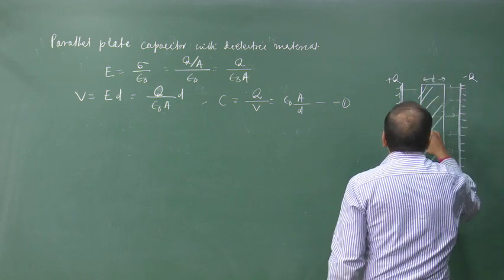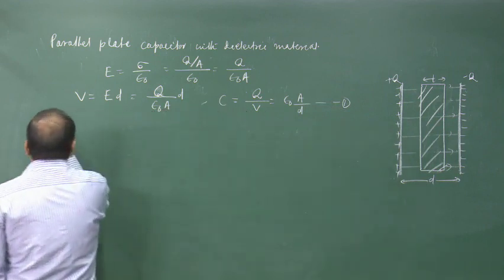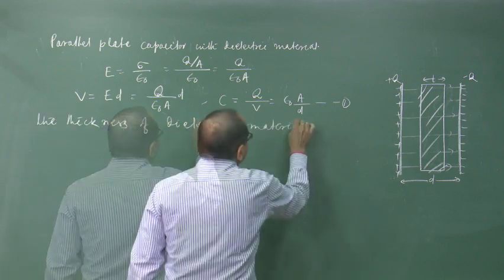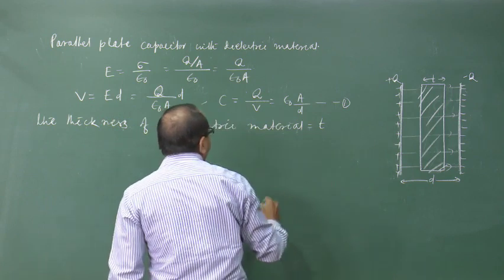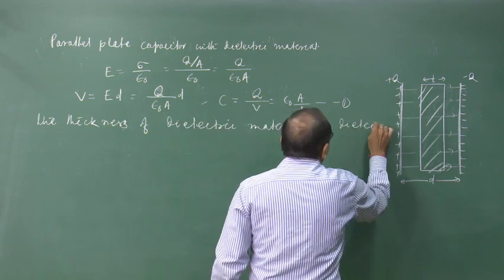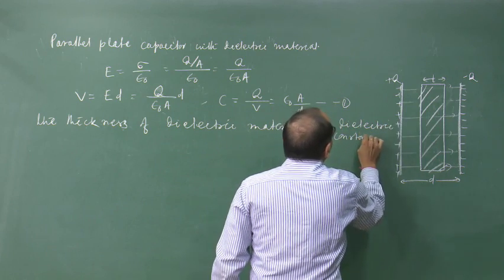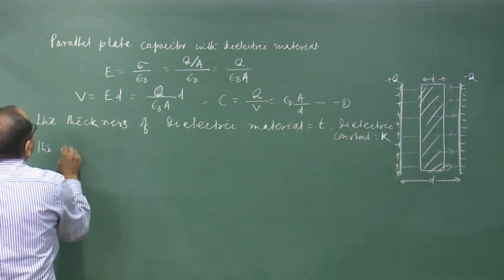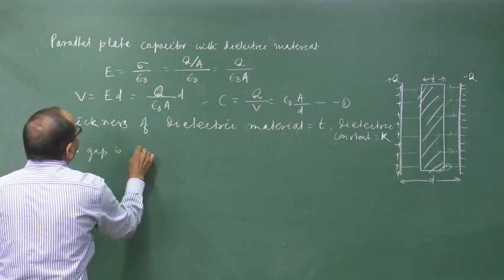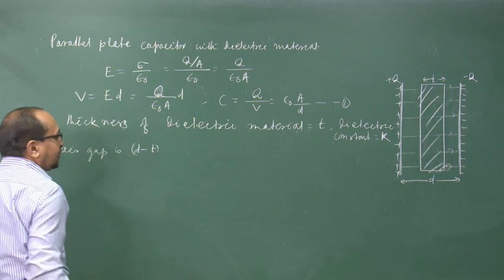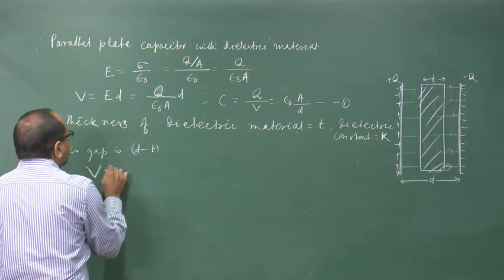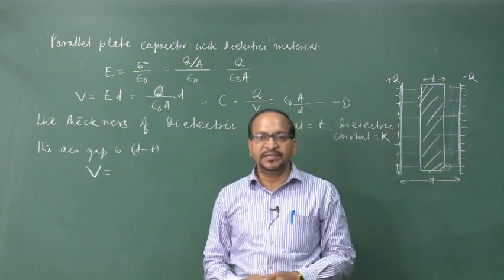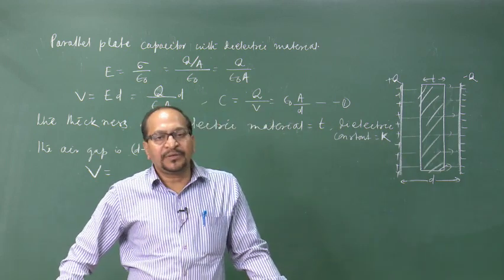The thickness of the dielectric material is equal to T, and its dielectric constant is say K. So, our air gap is now d minus T. The potential difference between the plates is now the potential difference in the air gap plus the potential difference between the surfaces of the dielectric.